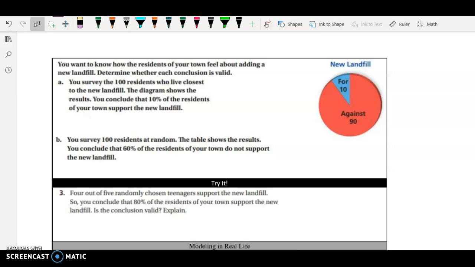Is this valid? This is not valid. This is bias. And the reason it's biased is because they only asked people who live closest. And when they ask people who live close to the landfill, yeah, they're going to be bothered by it. They're not going to want a landfill right next to them.